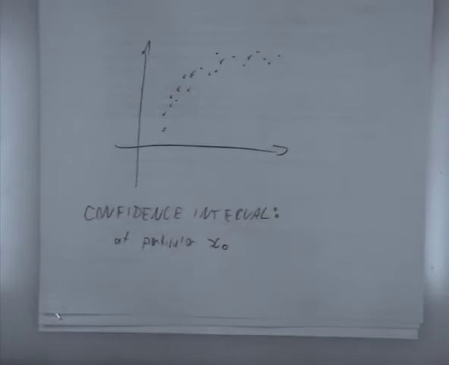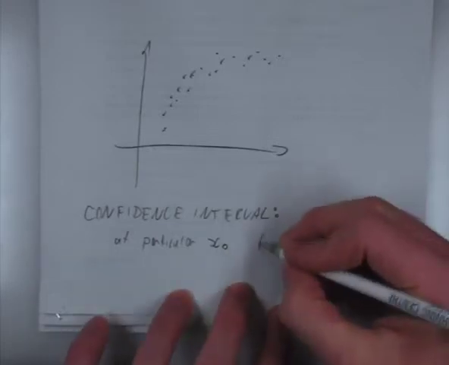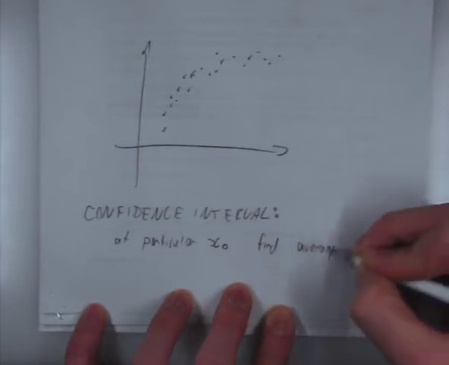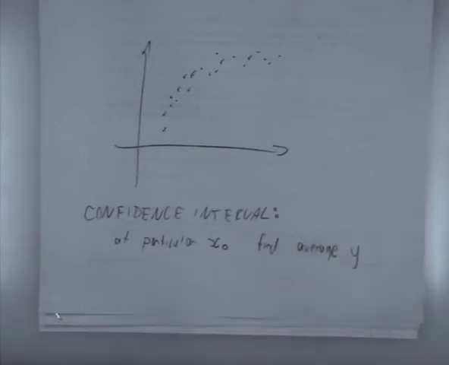So at a particular x0, we want to know what the average y is supposed to be. Find the average y, okay? The formula tells you what you should do. You should just sub in x0 into the formula, like beta 0 plus beta 1 x, and that would tell you what the average y is.